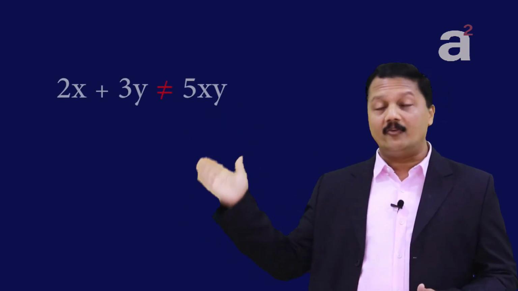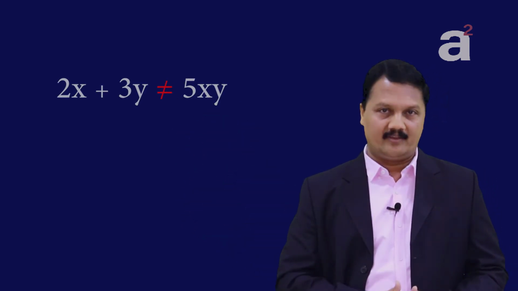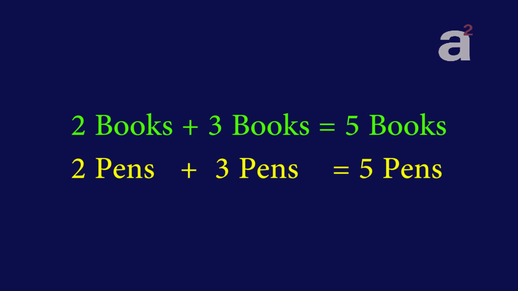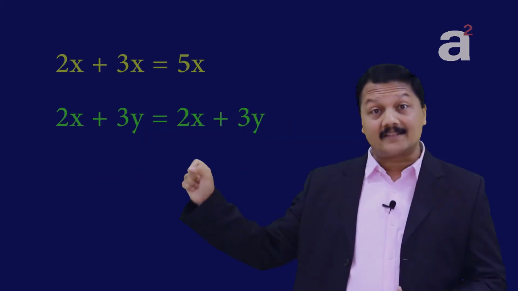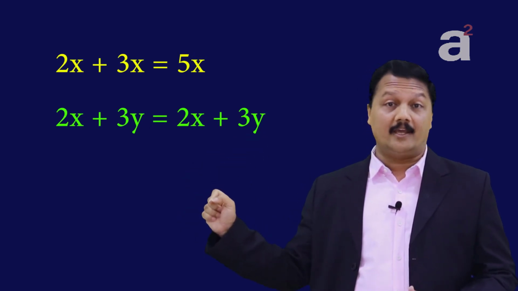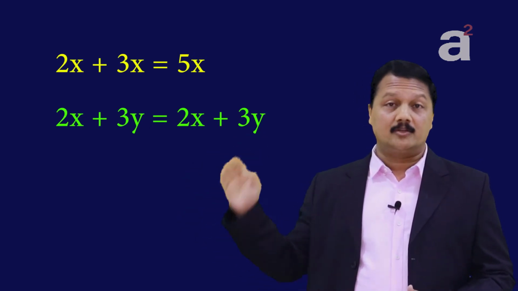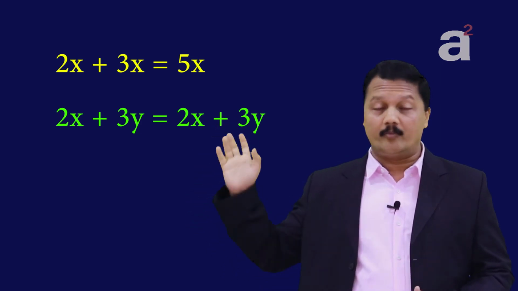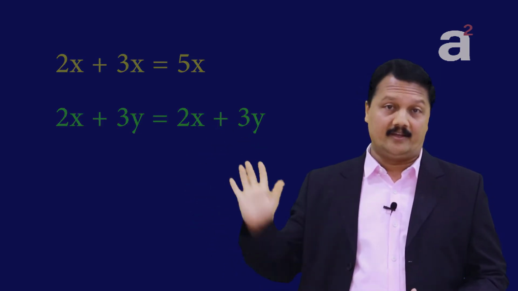Not possible, right? In the same way, 2x plus 3y cannot be 5xy. 2 books plus 3 books is equal to 5 books. Or 2 pens plus 3 pens is equal to 5 pens. So 2x plus 3x can be 5x, but 2x plus 3y cannot be added. It can be left like that.